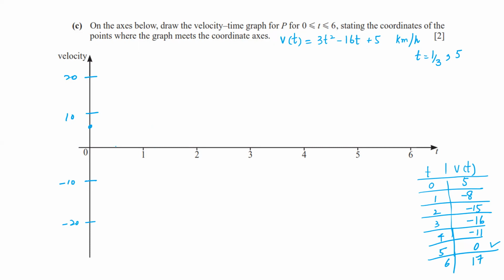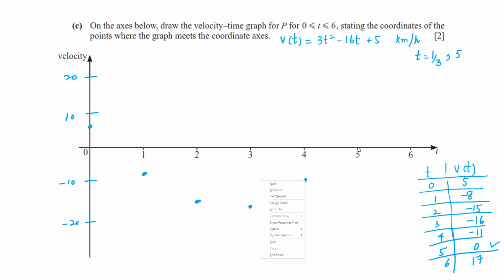At 1, my velocity is minus 8, somewhere a little above. Say at 2, my velocity is minus 15, somewhere here. At 3, my velocity is 16, somewhere here. At 4, my velocity is 11, somewhere here.